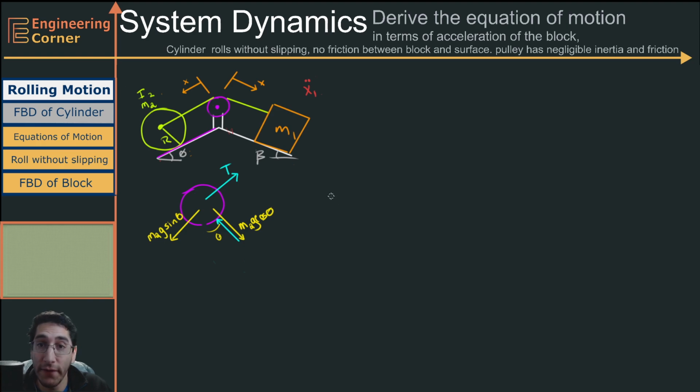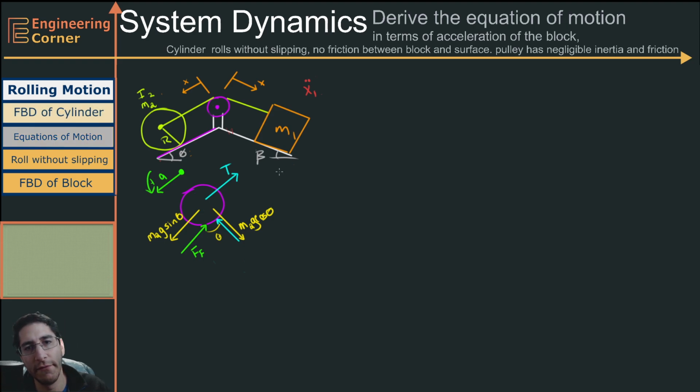And I do have a frictional force I need to remember. I'm going to say that everything's moving in my positive direction, so this is moving down the plane. The cylinder needs to be rotating that way, and that's going to be my positive direction. I'm going to say that my frictional force opposes this motion, so it points up the plane.